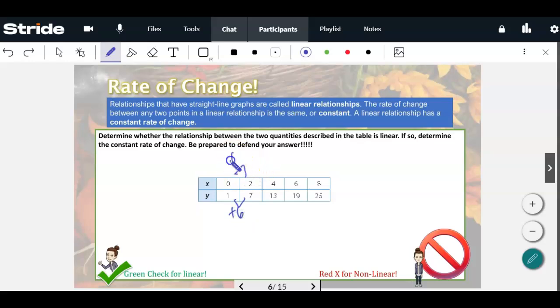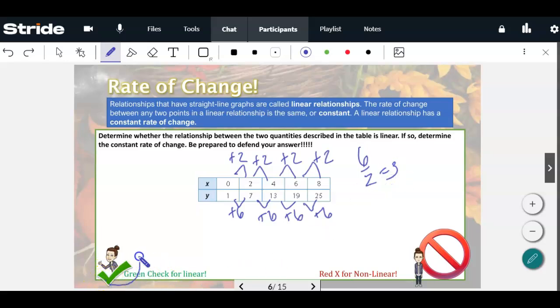This goes plus 2, plus 6, plus 2, plus 6, plus 2. You can see it is constant, it stays the same, 6 over 2. So this one is linear, and the slope or rate of change would be 3.